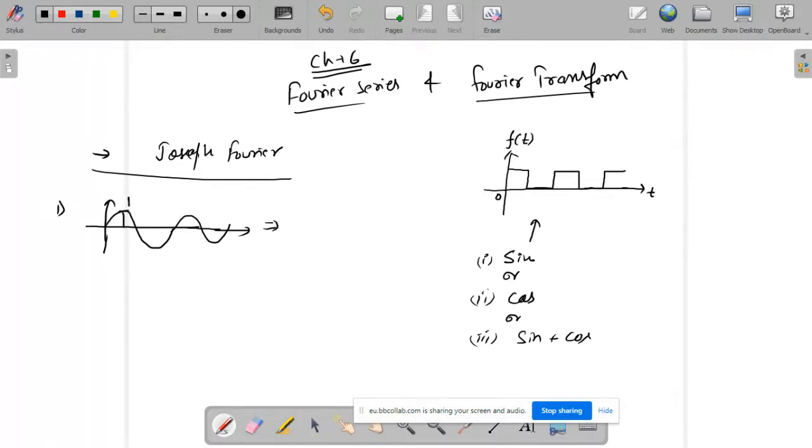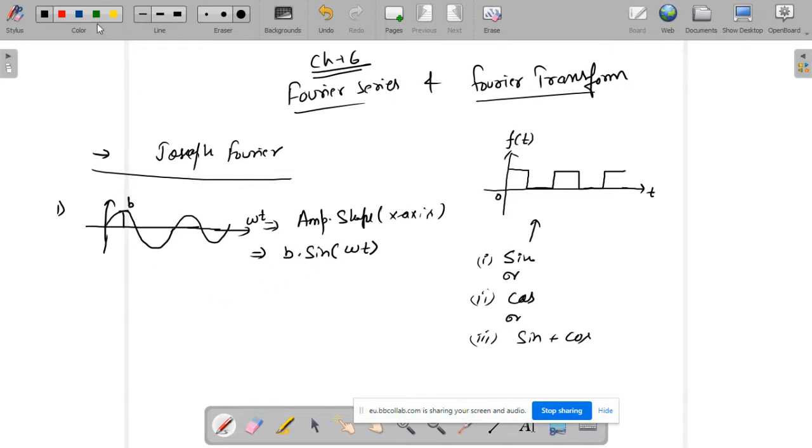Let's suppose amplitude is b, then we write shape, then we write x-axis. We have seen this in chapter number 2, but for quick revision I am writing. So amplitude is b, shape is sine, x-axis is omega t, the frequency.